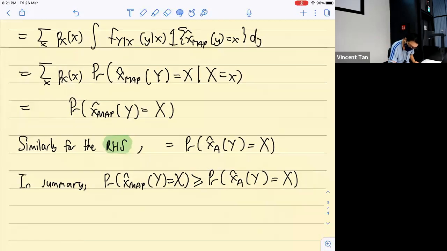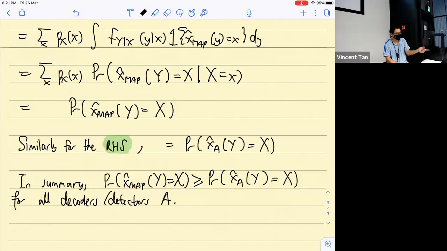In summary, for all decoders or detectors A. Obviously, if A is equal to MAP, then these two are the same, right? But A is something else, may not be the MAP, in which case the probability of correct detection is the probability that I guess the hypothesis correctly. It will be strictly less than MAP.